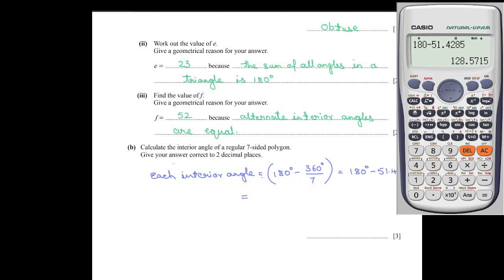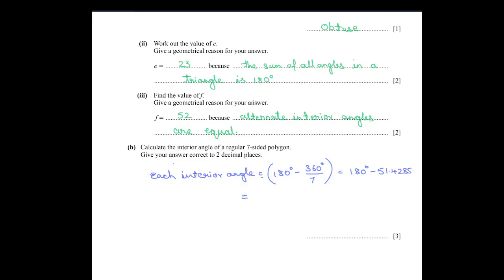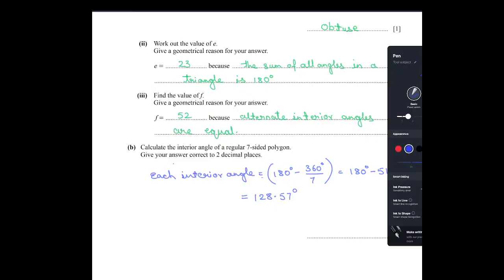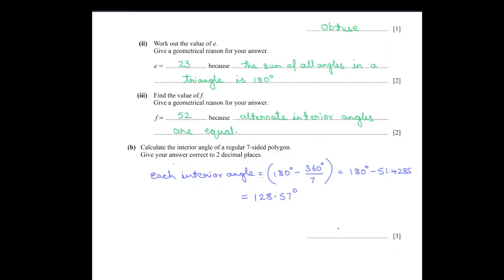That gives 128.571. We need 2 decimal places, so 128.57 degrees is the interior angle. Question number B is done.